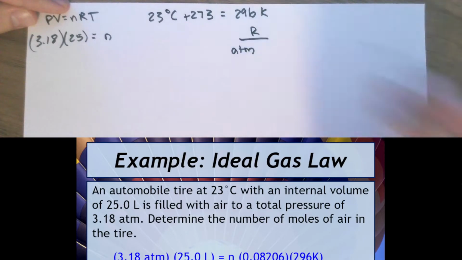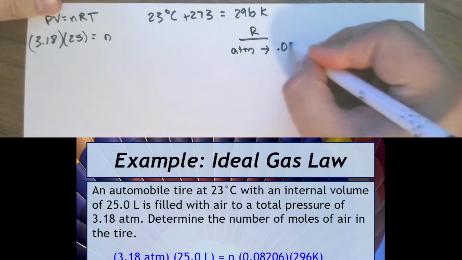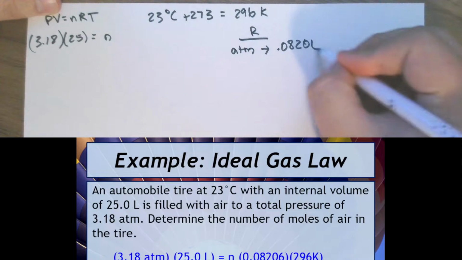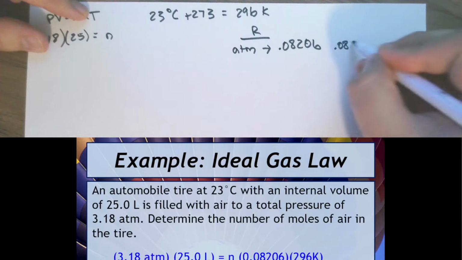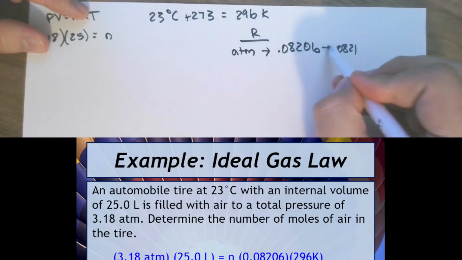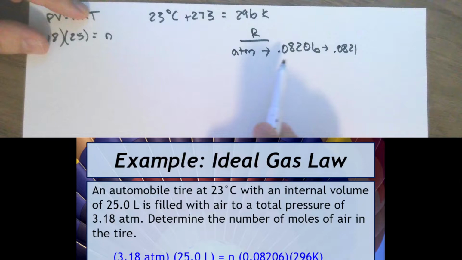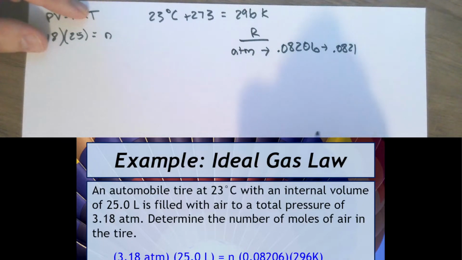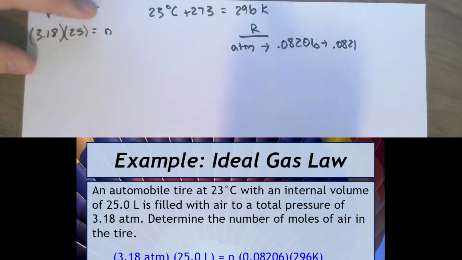When you use atmospheres, which is the most common, R is going to be 0.082. It says 0.0821 in these notes, or you can abbreviate it to just 0.0821. By rounding, it's one less decimal place. So this is the number I usually use, but I do think this longer number is given to you on the formula sheet. But either one you use, you'll get basically the same answer. It's totally okay to use either.